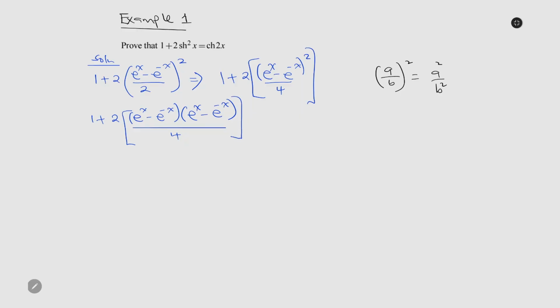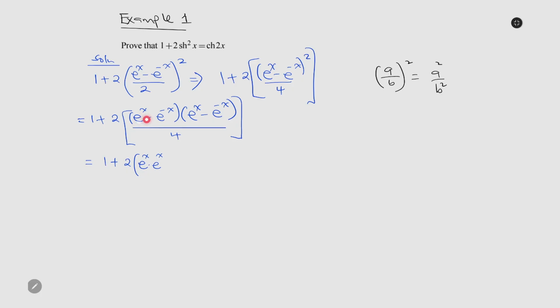Now I will have 1 plus 2 into, let me take it a step at a time. e^x times e^x will give us e^(2x).